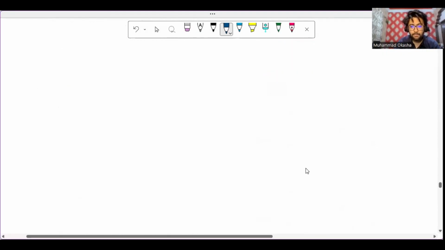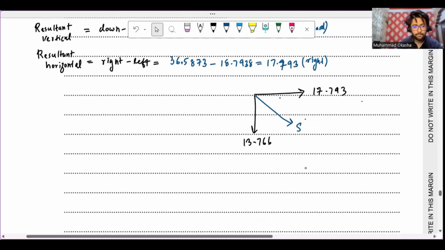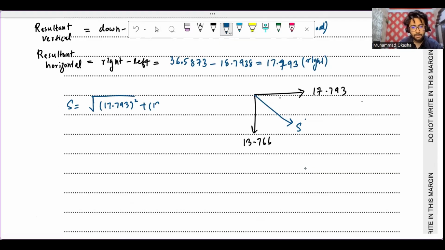Let's work out the resultant by using Pythagorean theorem. S would be equal to square root of 17.793 squared plus 13.766 squared. Once I solve that, I'm going to get 22.532 newtons. That is the first part of my answer.